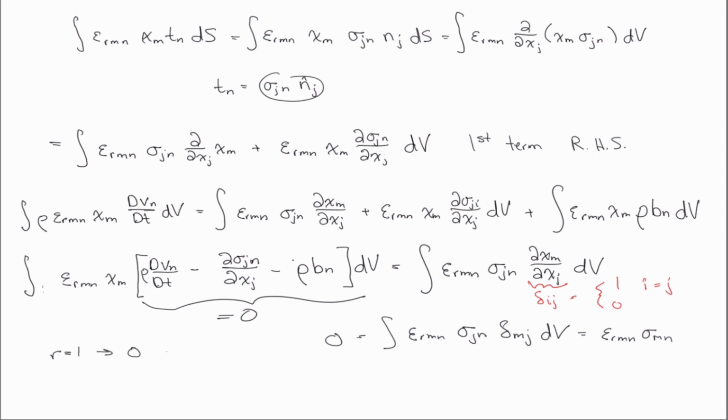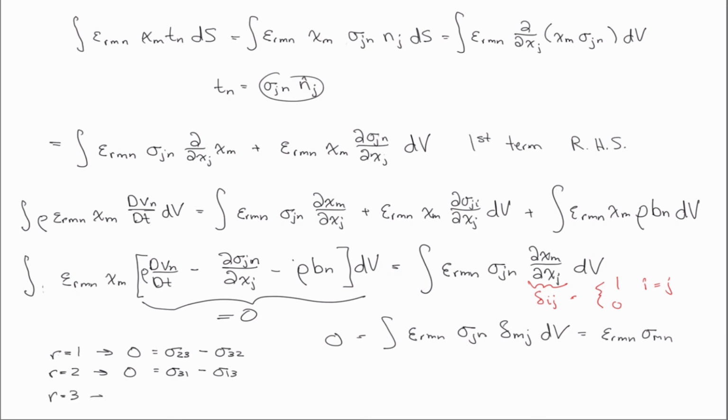What you get is an equation that is sigma 2, 3 minus sigma 3, 2 is equal to 0. For r equal to 2, you get sigma 3, 1 minus sigma 1, 3 is equal to 0.